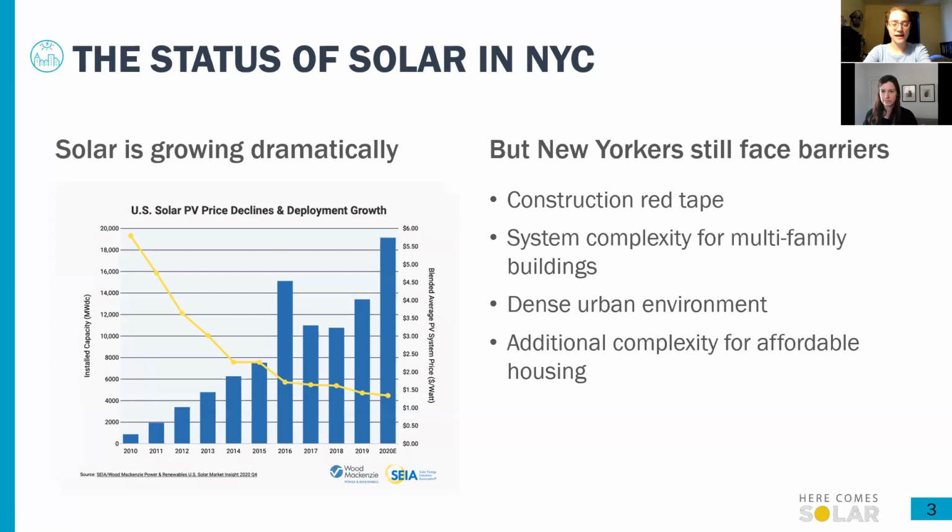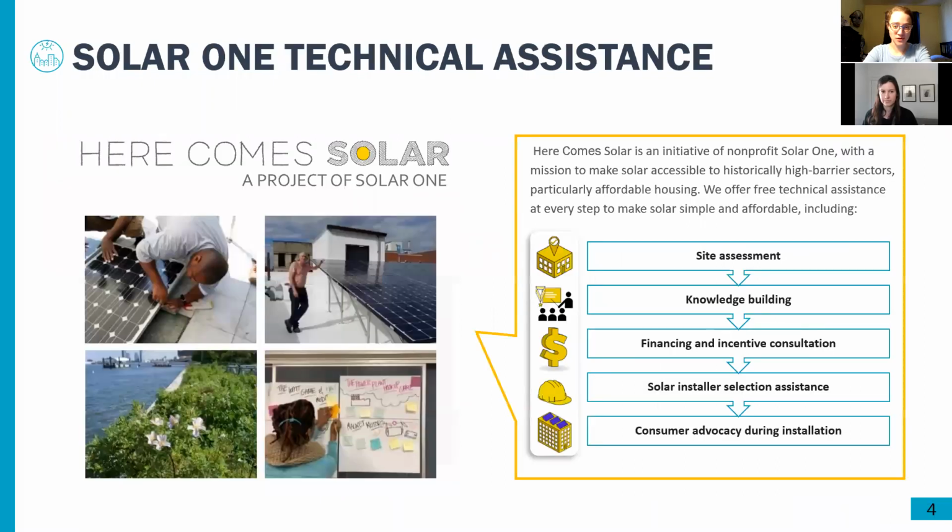And of course, any complexity that you face in New York is doubled because of the complexity of developing affordable housing. So we created Here Comes Solar as part of Solar One to address those issues.